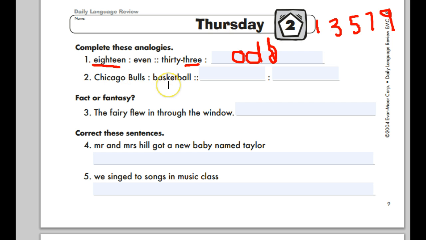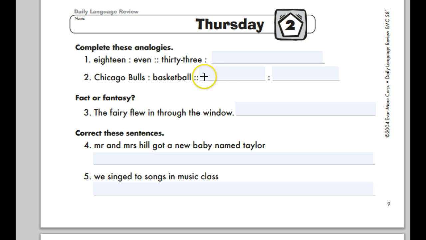Chicago Bulls is to basketball, so this is the name of a professional team to the sport, as, oh, we get to do our own. As Nuggets, oops, not wordy, is to, we could do basketball, or I guess we could do another sport. How about the Rockies?